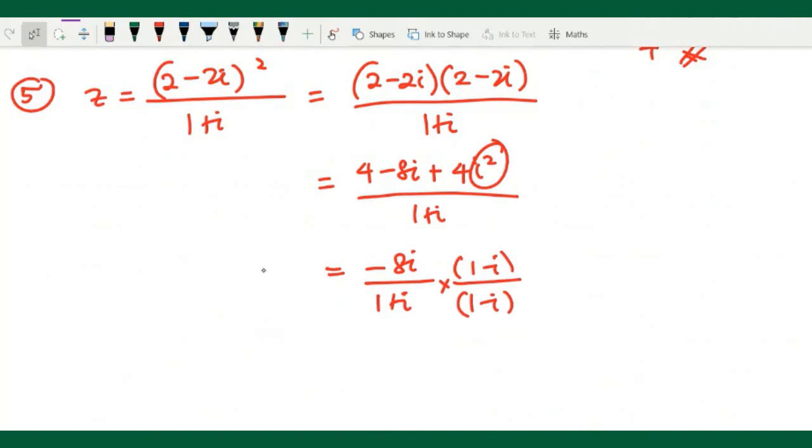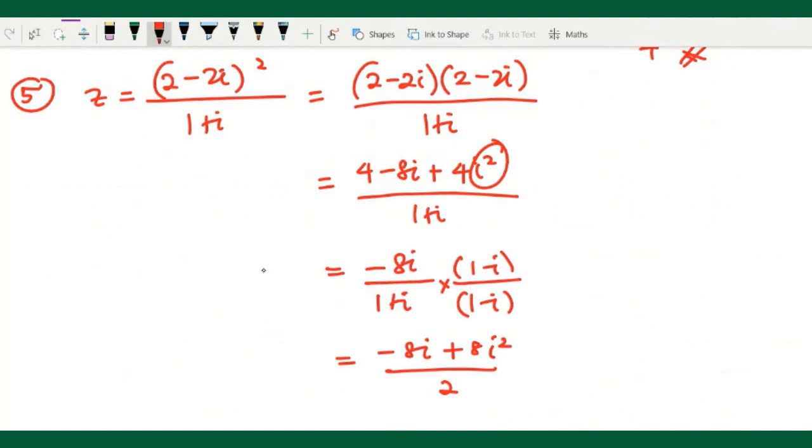Okay, so expand yang ini atas negative 8i minus 8i square. Okay, wait, let me check. Plus, sorry. Okay, so bawah akan jadi 1 square plus 1 square, which is 2 lah.